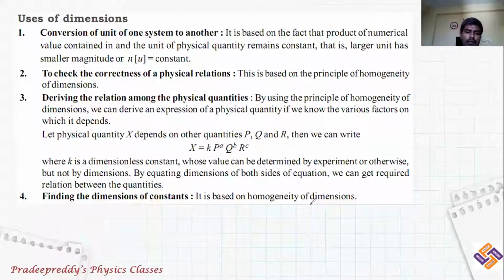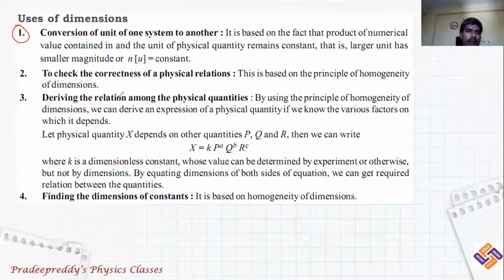Okay, so I want you to remember these 4 uses because it will be helpful in solving problems, right? And seeing the question, you should categorize which use it comes under. Okay, first one is we can relate units of different physical quantities using dimensional analysis.